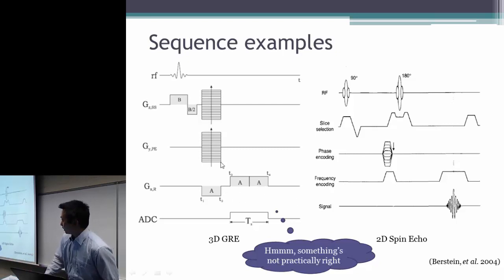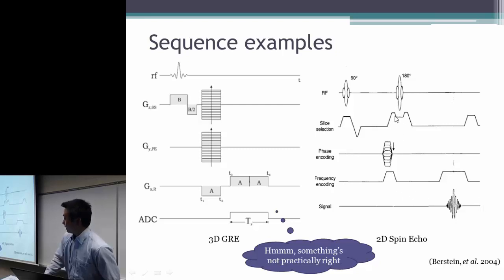When we are talking about the principles, we can just say this can be rectangular, and the area is the same as this one. But practically, we actually need to apply the trapezoid shape of the gradient, and then we calculate the whole area, including these ramp ups and ramp downs.